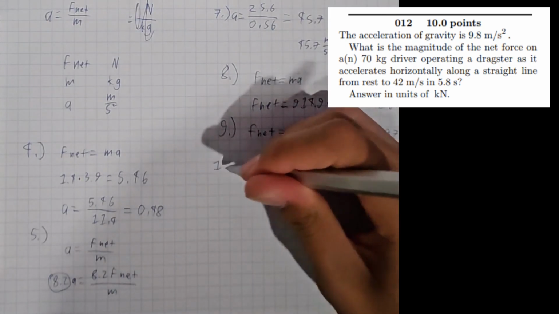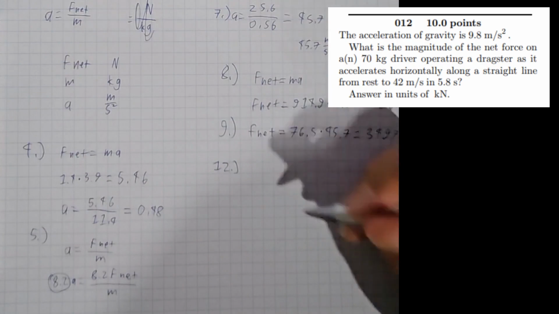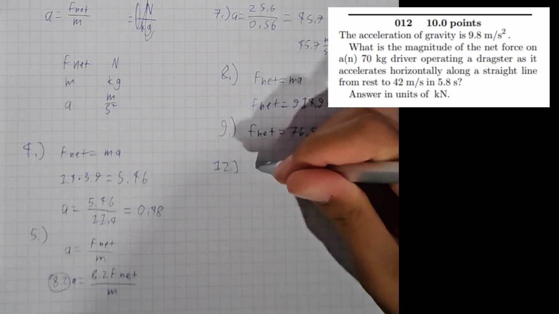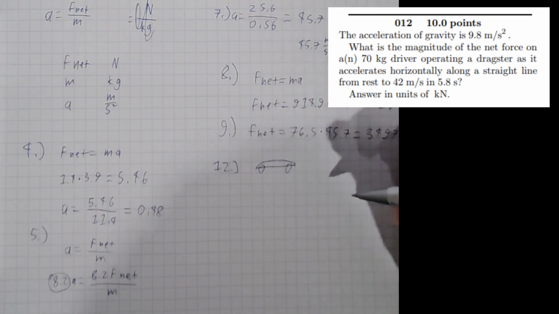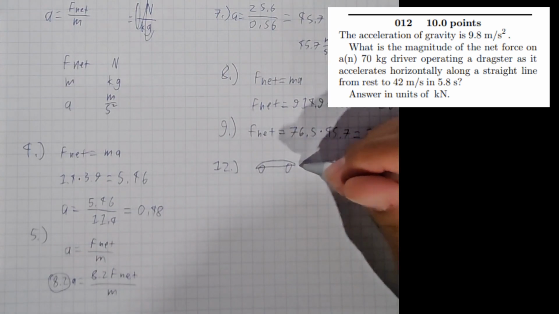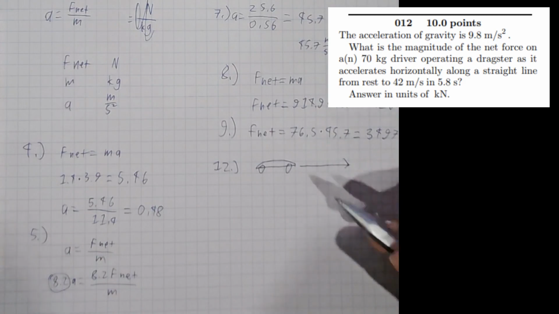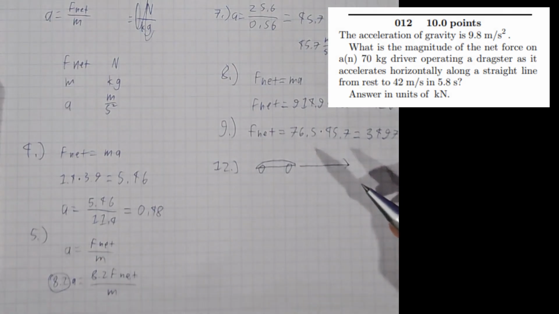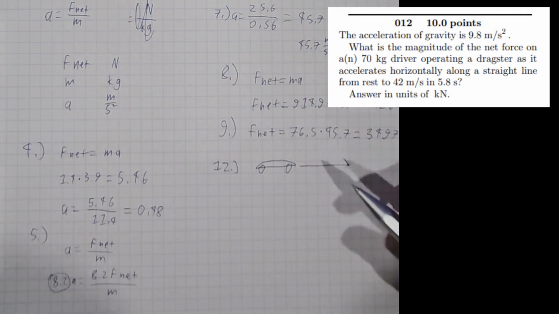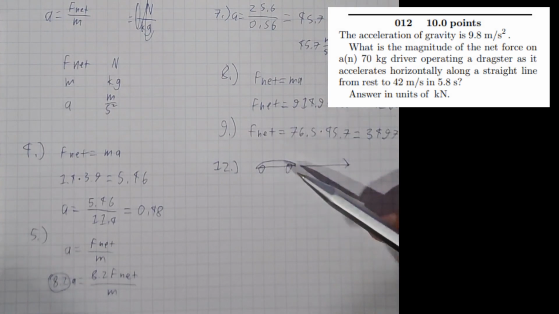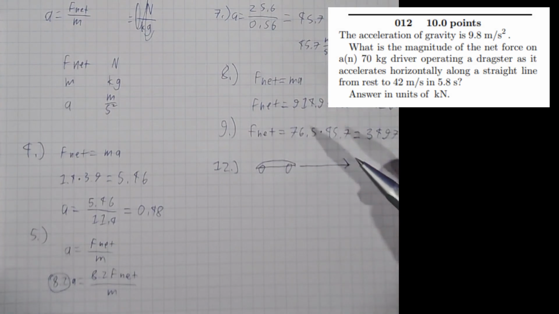And finally, for question 12, in this situation, if this is the car, let's say on wheels, it's going forward, so it would be accelerating forward. Even though this problem mentions the acceleration of gravity, it's not relevant in this situation because the car is not actually moving downwards, meaning it's not accelerating downwards.